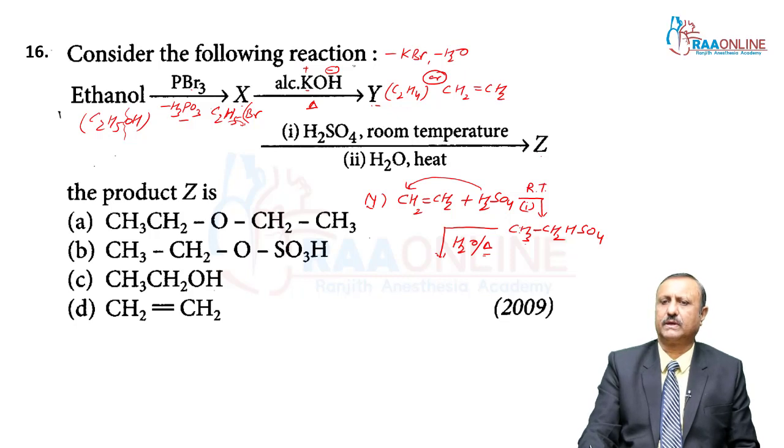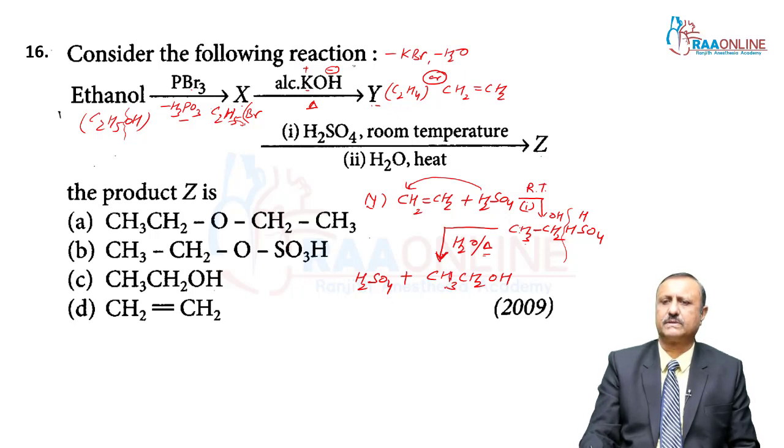When temperature is not given, it means simply this C2H5 is broken down to give OH and H, and you can get ethanol, CH3CH2OH, plus another part, H2SO4. In this way you can see this is the reaction, and in this reaction my dear students, you can get the ethanol molecule.